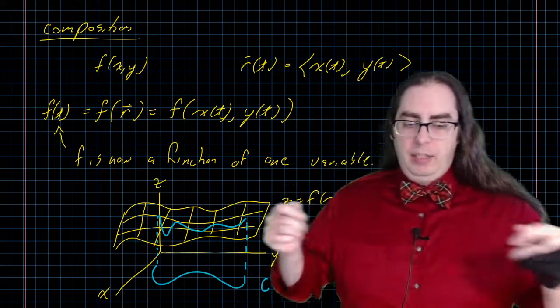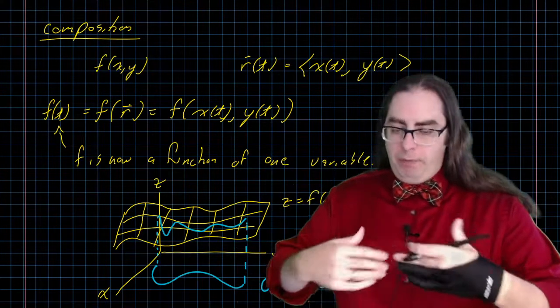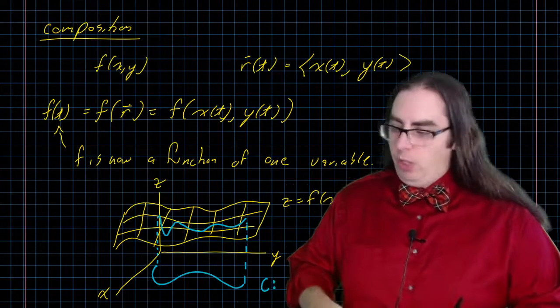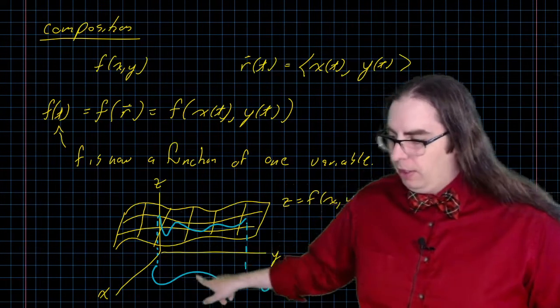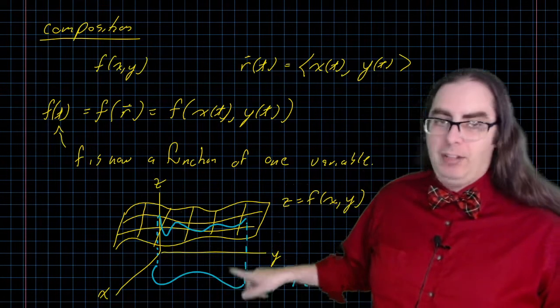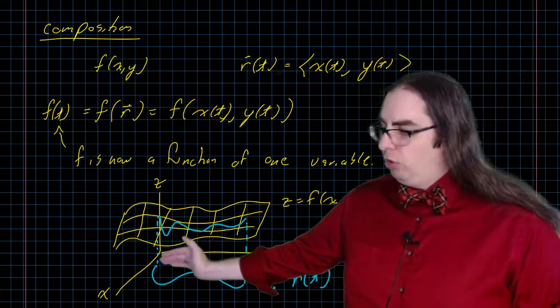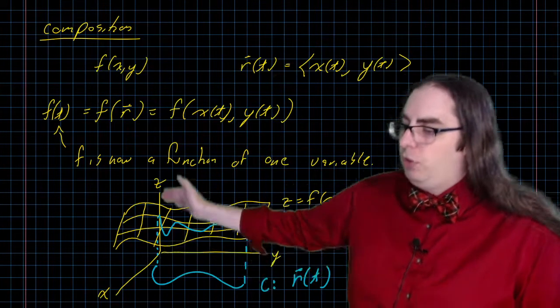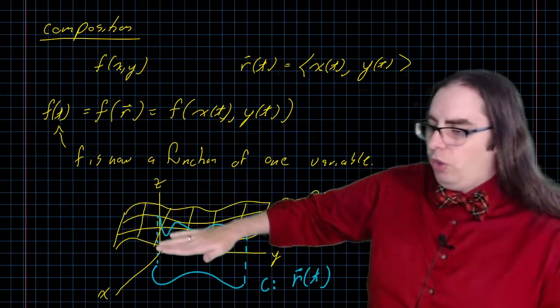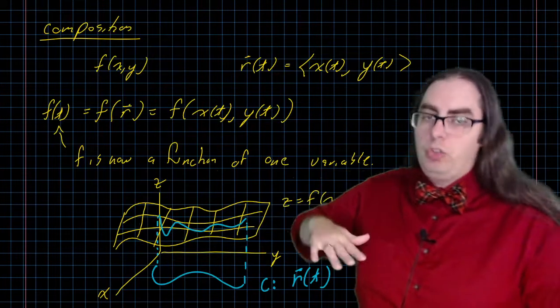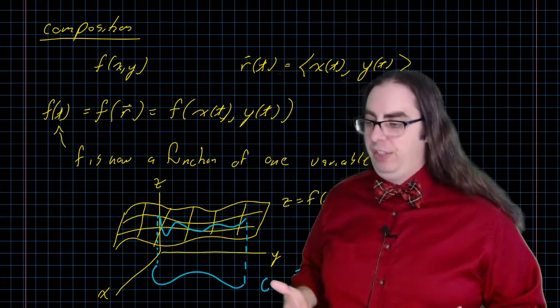We take a nice sheet of paper, we bend it so that it follows the path down here in the xy plane, right? That is a path in the xy plane. So we can just lift straight up along that path and then use the surface up here to slice the top of that sheet.